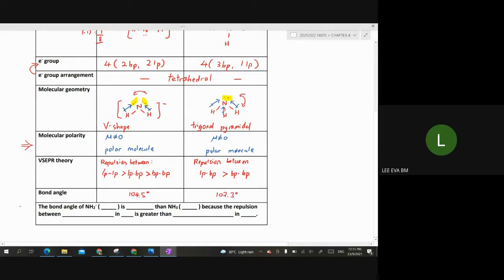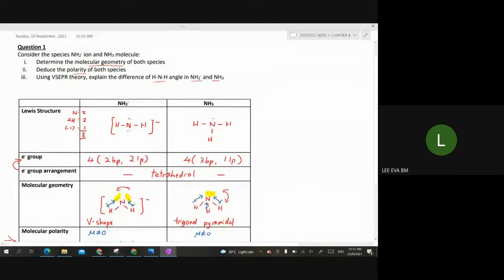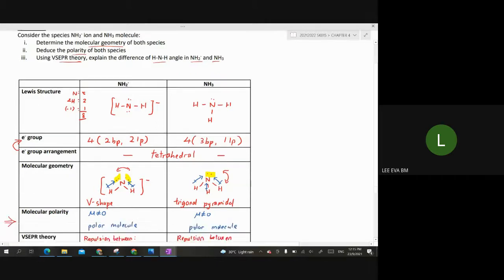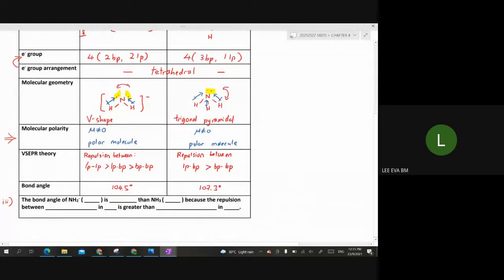Okay, the last question, question number 3, we go back to the questions again. Using VSEPR theory, which we have described just now, explain the differences of H-N-H angle in both of these species. So we write the explanation here. The bond angle of NH2 negative, 104.5 degree, compared to 107.3, is it smaller or bigger?